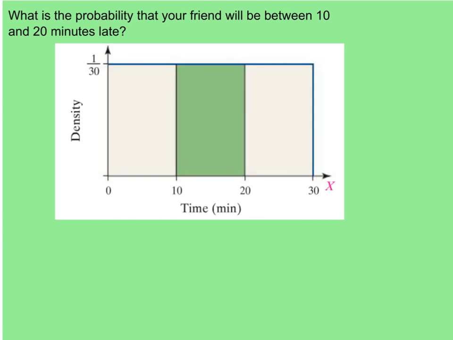Still working with that same example of my friend being late, what's the probability that they're between 10 and 20 minutes late? Now I widen the interval.